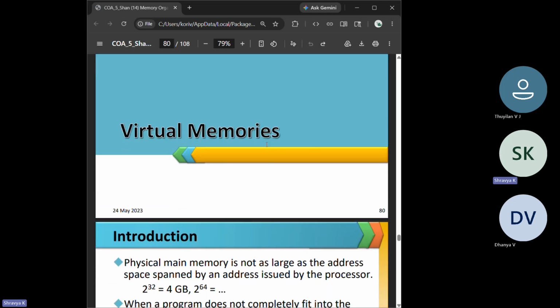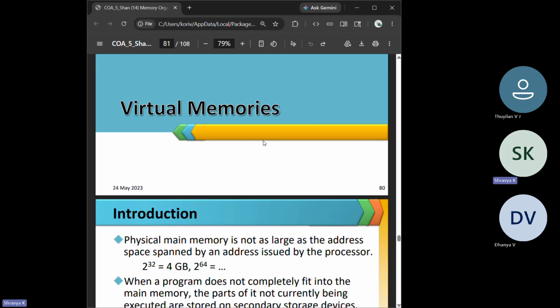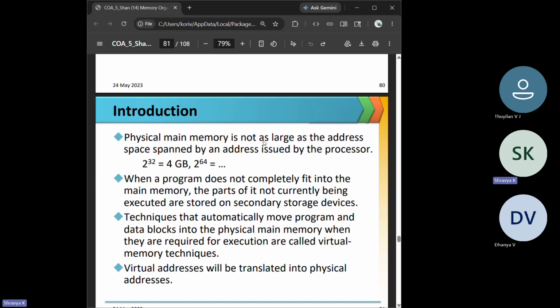Next we'll be looking at something called virtual memory. The problem we'll be dealing with is that the physical main memory is not as large as the address space spanned by an address issued by the processor, right?